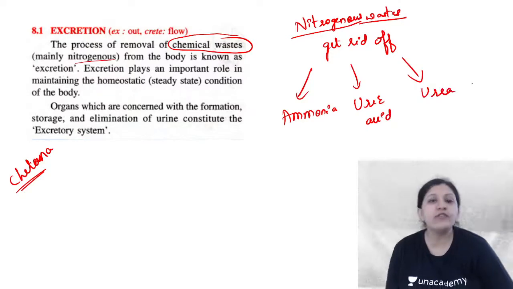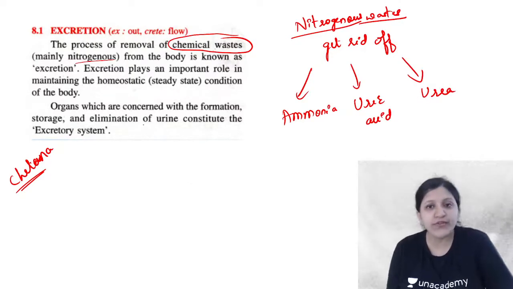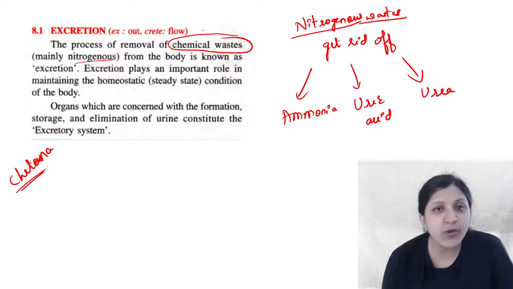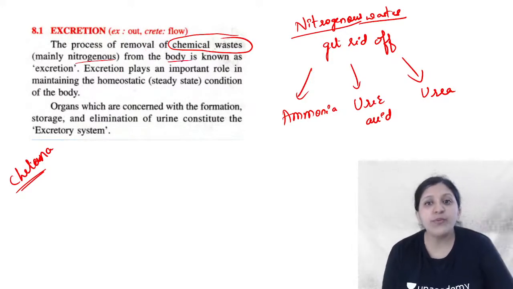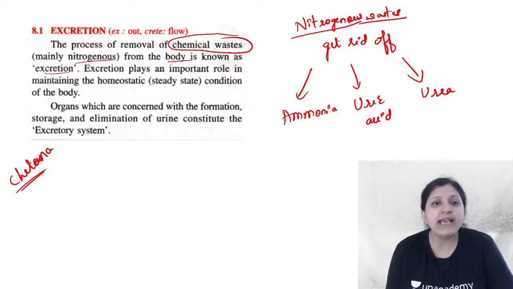These are the three different nitrogenous wastes, the chemical wastes, that we mainly find. These are to be removed from the body, which is known as excretion.